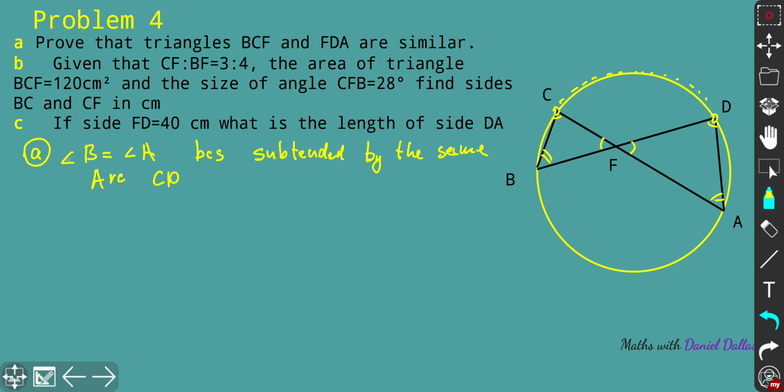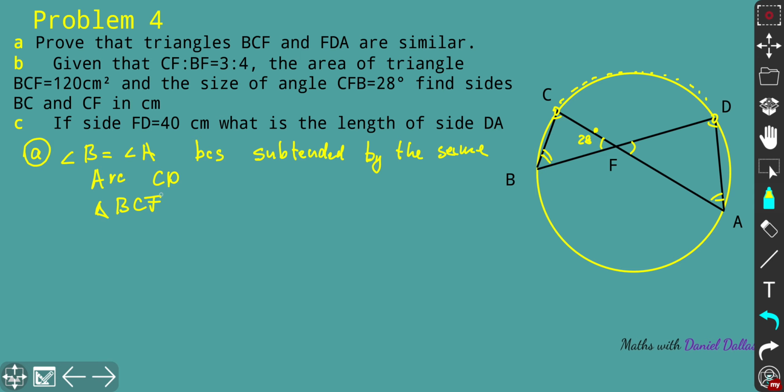You're given the ratio CF to BF, the area of triangle BCF is 120, and the size of angle CFB is 28 degrees. Let's put 28 degrees right there, and let's consider triangle BCF because we're given the area for that.